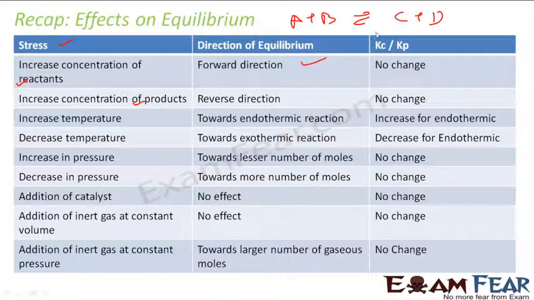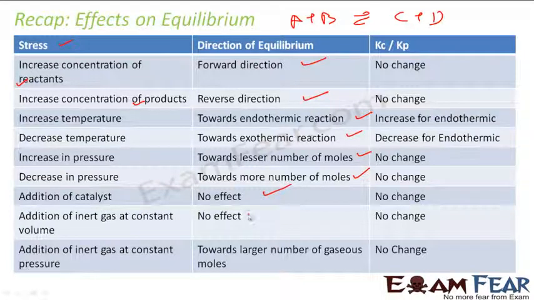If you increase the product, it moves in the backward direction, correct? You increase the temperature, if it's an endothermic reaction, it moves towards the endothermic direction. If you decrease the temperature, it moves towards the exothermic direction. This thing we explained. You increase the pressure, it moves towards fewer moles. That also we explained. You decrease the pressure, it moves towards more moles. Addition of catalyst, no effect.